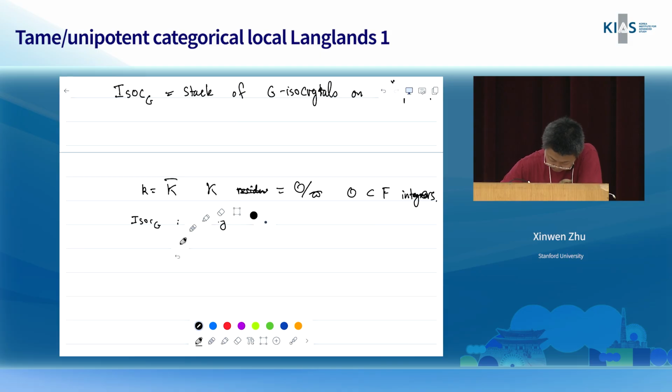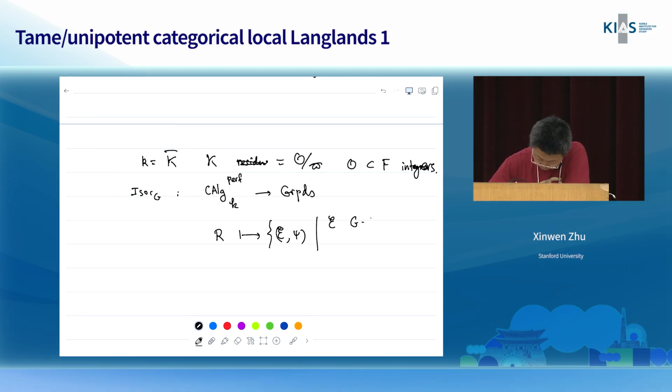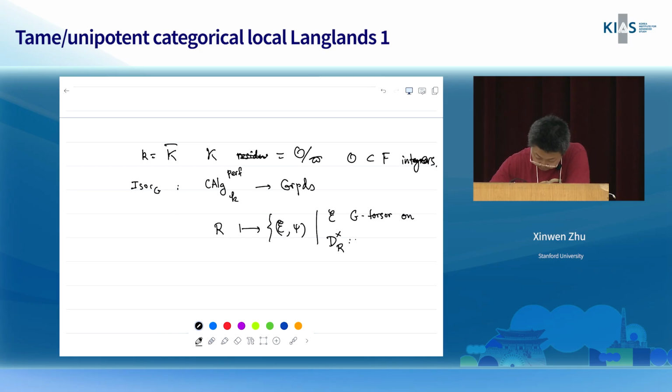It is a functor from the category of perfect k-algebras to groupoids. It sends a ring R to pairs (E, phi), where E is a G-torsor on the punctured disk, the family version parameterized by R, which is by definition Spec of O, W_O(R) ramified Witt vectors of R, with the uniformizer pi inverted.